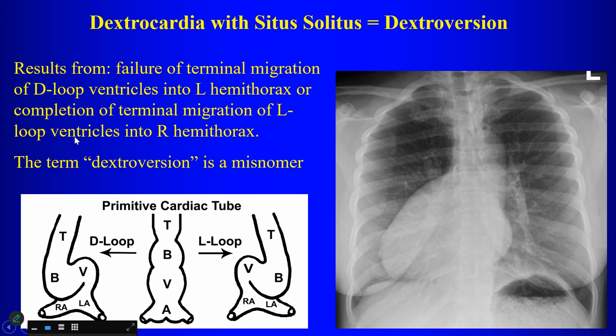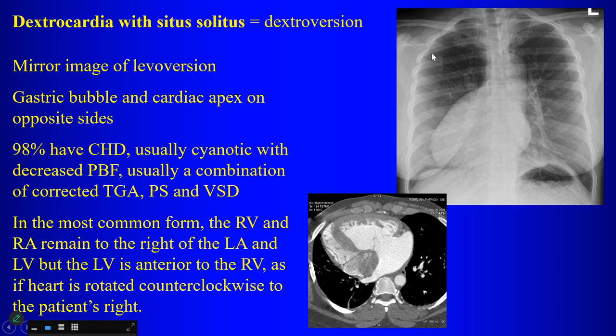Completion of terminal migration of L-loop ventricles into the right hemithorax. If you have situs solitis and you happen to form L-loop ventricles, then in embryology, this should migrate to the right side. And if it does, that will also give you dextrocardia with situs solitis, and we call that dextroversion. Okay?